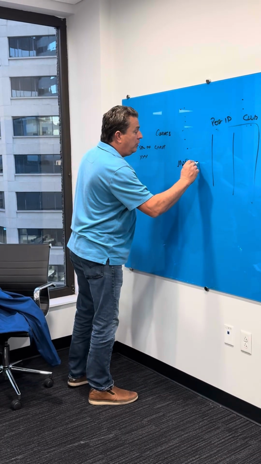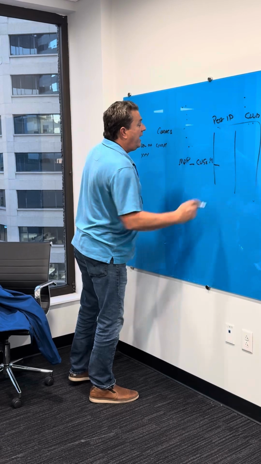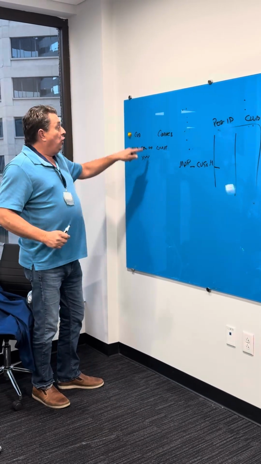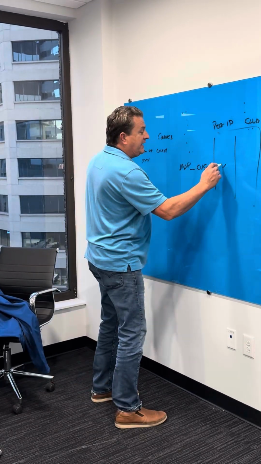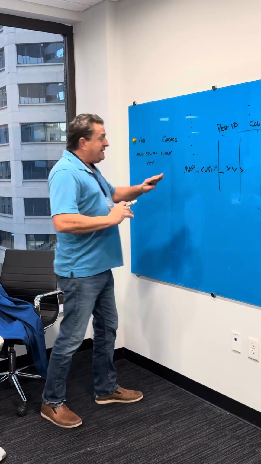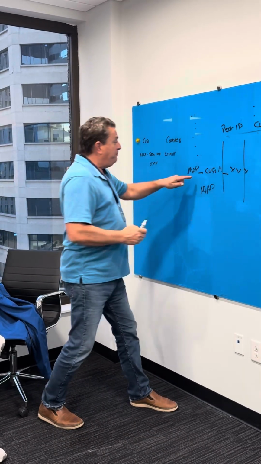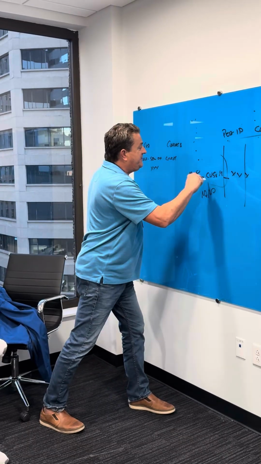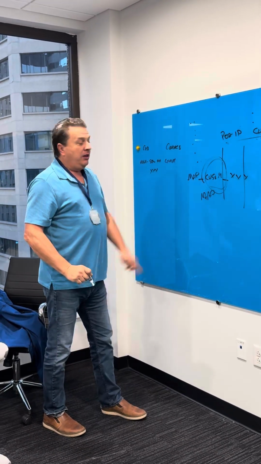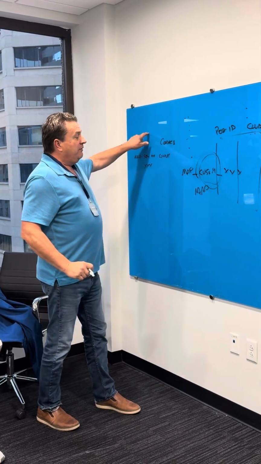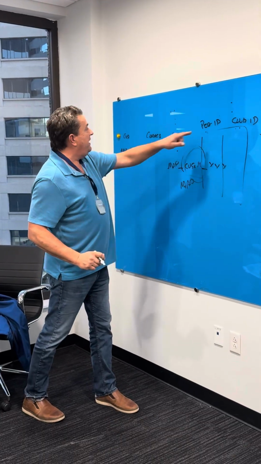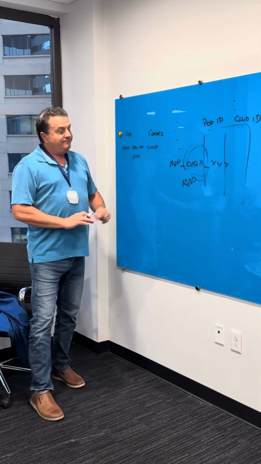So customer, and then the name of the field on that record. So XXX. So that's how we find that table. And map 1 always points to the customer table. Map 1 will always have the ID of this, and map 2 will always have the ID of the contact in this case. It's always the rule.